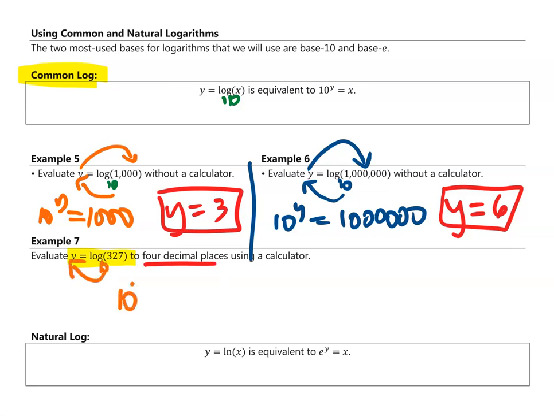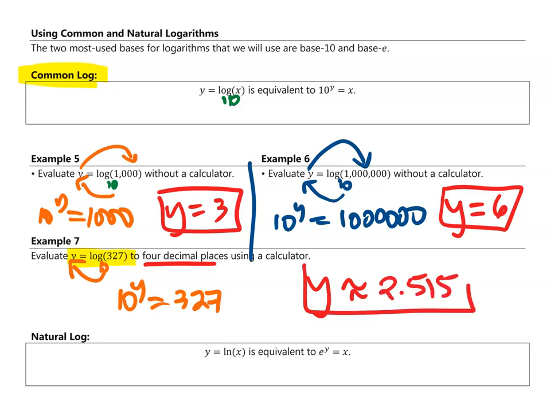It's going to be 10 raised to y is equal to 327. And if you use a calculator, it's going to be approximately equal to 2.515. So that means 10 raised to 2.515 is equal to 327.